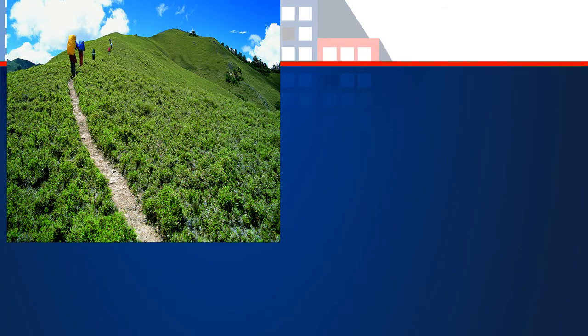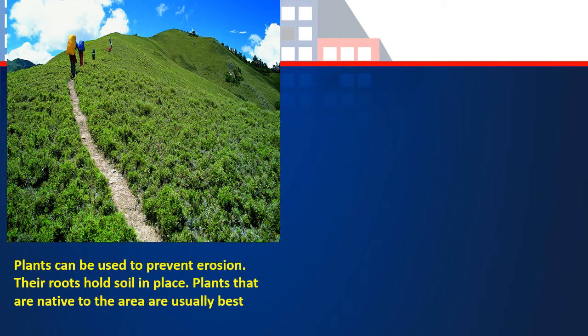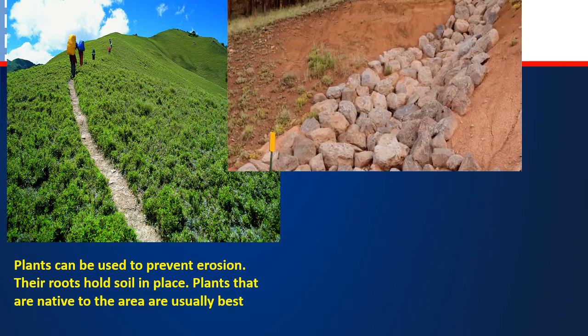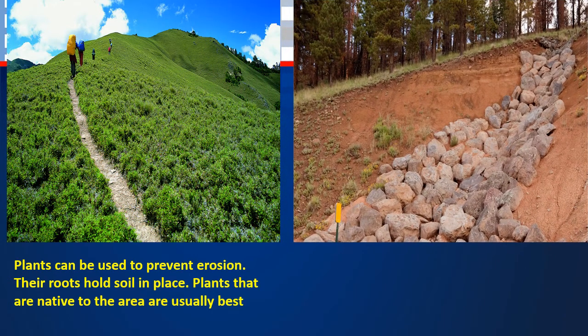From the picture, we can see plants. Plants can be used to prevent erosion, that is the washing away of soil, because their roots hold soil in place. Plants that are native to the area are usually the best. So part of solving the problem is planting plants so that the soil will not be washed away.